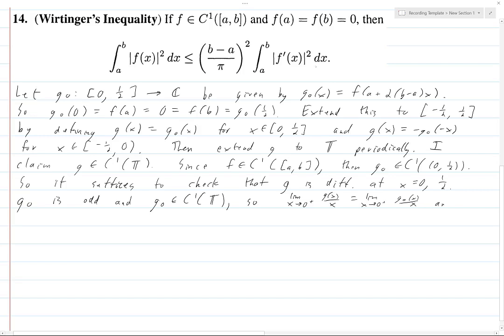There we go. Laptop's really struggling here. The limit as x goes to 0 from the minus side of g of x over x is the limit of g of minus x over minus x, just from the definition, but this is the limit as x goes to 0 from the minus side of g naught of minus x over x.